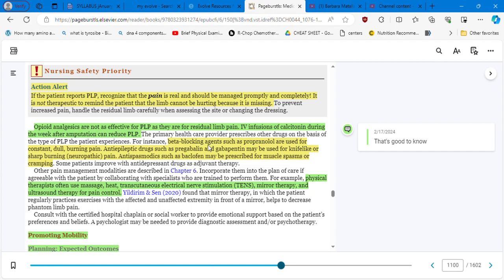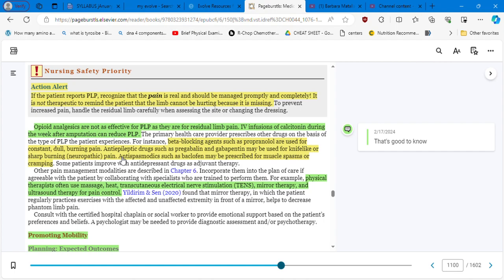Also, beta-blocking agents such as propranolol are used for constant dull burning pain. Antiepileptics such as pregabalin and gabapentin may be used for nail-like or sharp burning neuropathic pain. That's why you need to assess the pain in terms of its characteristics to see what medication is appropriate.